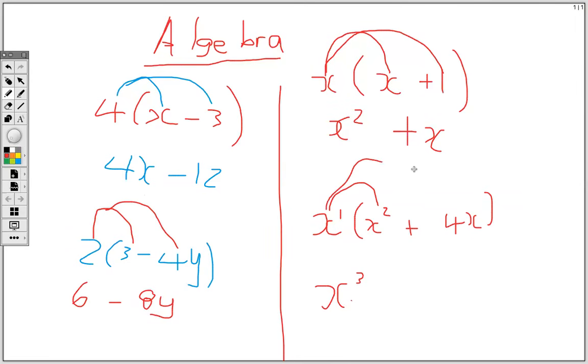Then x times 4x, that gives me 4x squared. Now looking at this, look closely. Can we go further? I'm hoping you say no. Because this is x cubed and this is x squared, they're unlike terms, so we can't go any further.